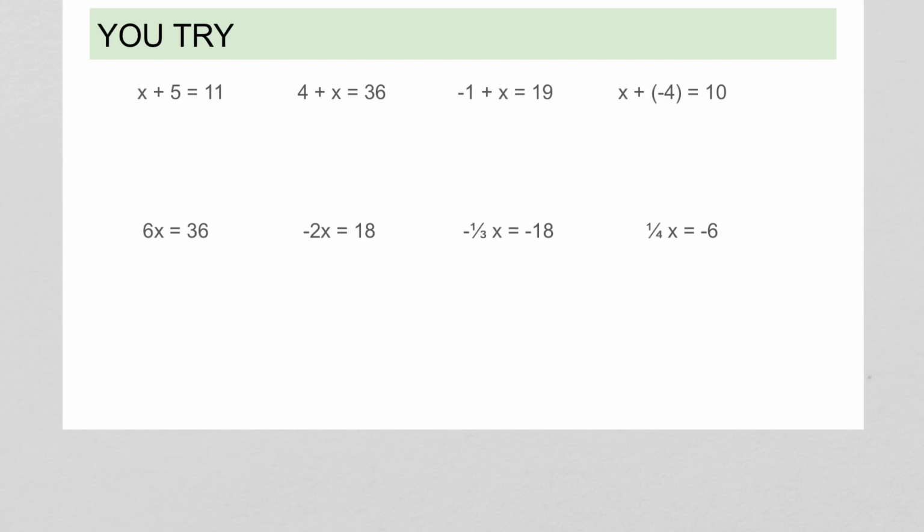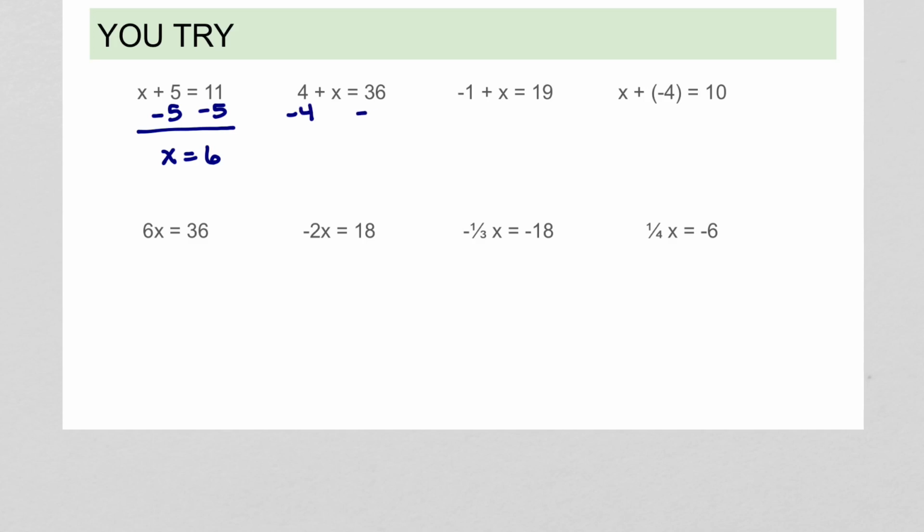All right, hopefully you've had time to go through and work each of these. I'll go ahead and work them out so that you can compare yours to mine. I'm going to do the opposite, or the inverse of plus 5, and get x equals 6. Right here I've got a positive 4. What is the additive inverse of positive 4?